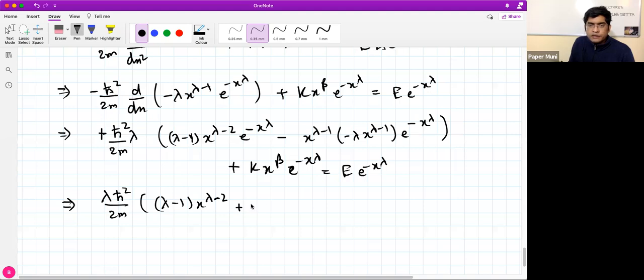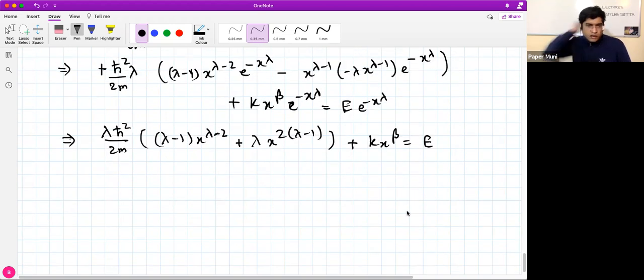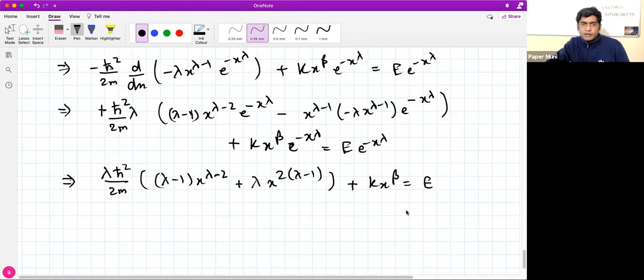Now this is lambda minus 1, this is twice. We have gotten rid of the exponential terms, and then plus k x^β is equal to E.